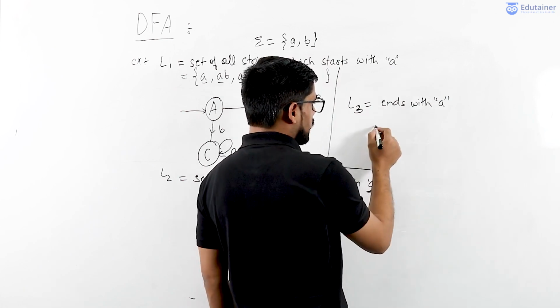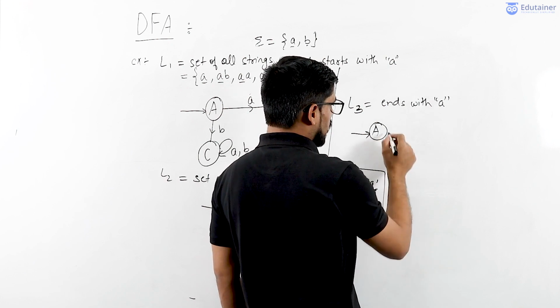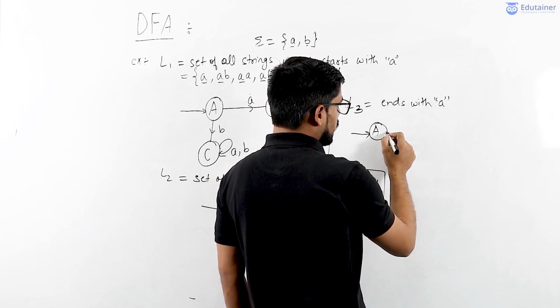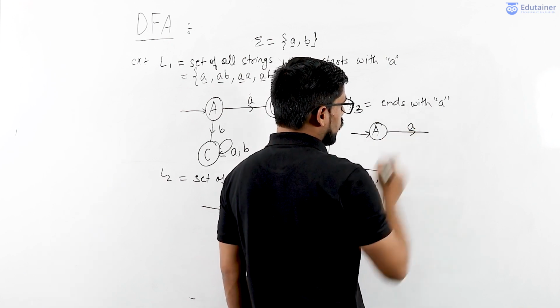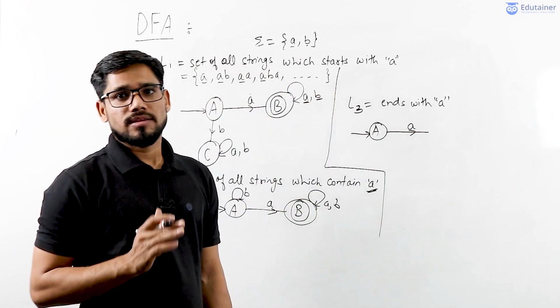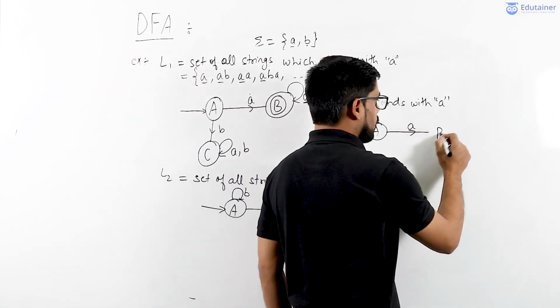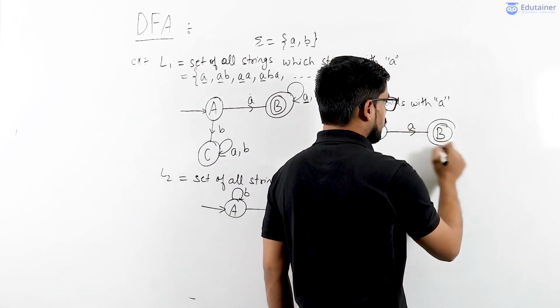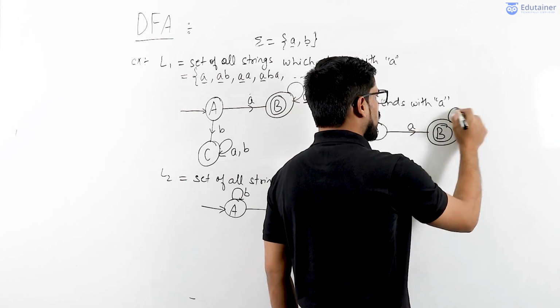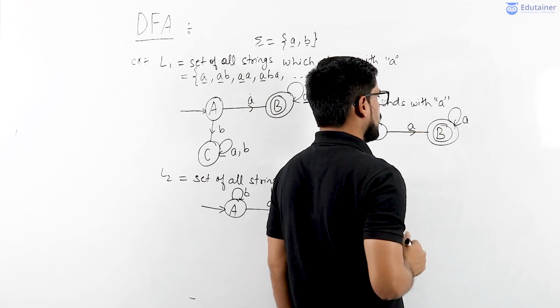So ends with a means you start with the initial state capital A, and if you see a small a, you go to the final state. If I see a small b, I will leave the final state. On the final state, I will accept any number of A's, but I will not accept B's.